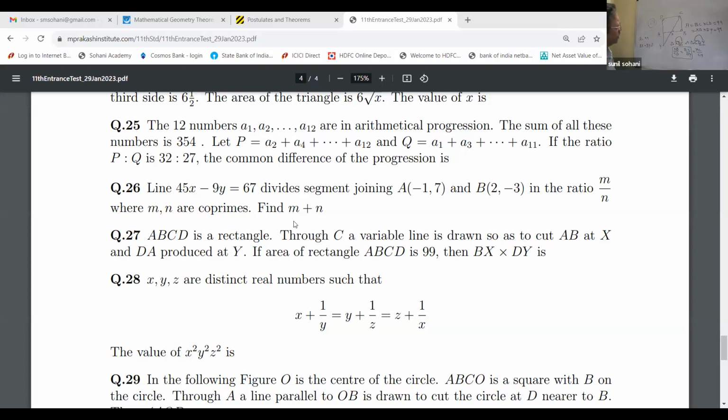So this was a very easy question. And again you will see this is 10th standard maths or 9th standard maths. I'll just wait for 2 minutes for you to write down the solution.